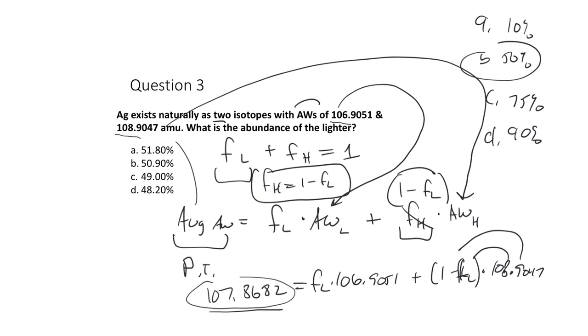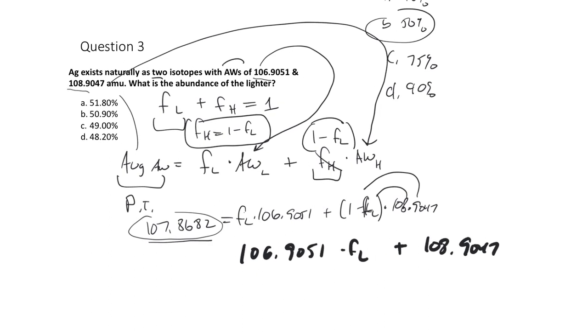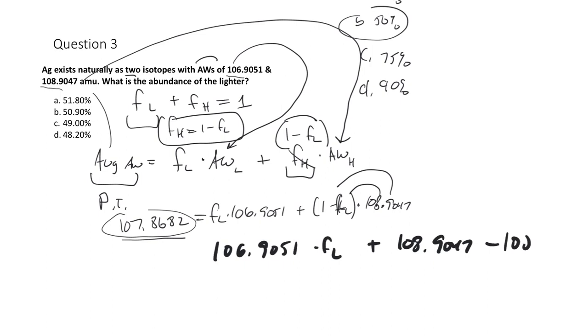We then have to do some rearranging. So let's do the factoring. We have 106.9051 times the fraction of the lighter, plus 108.9047, and then minus 108.9047 times the fraction of the lighter.